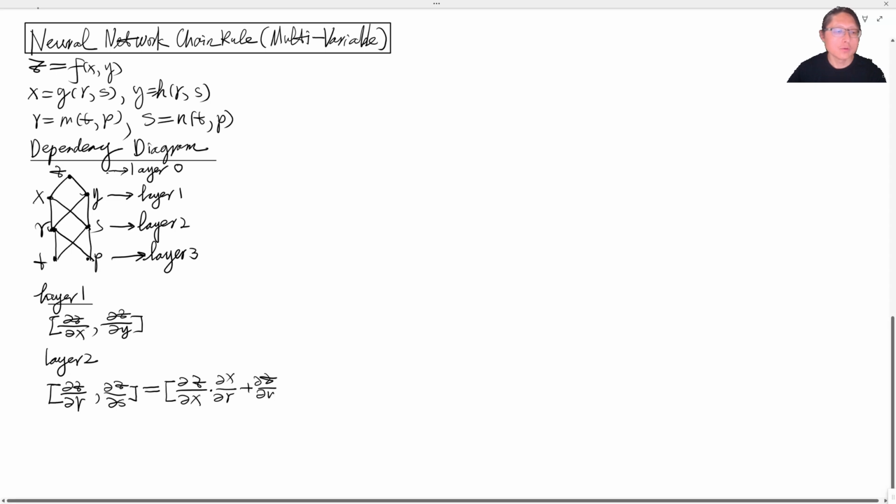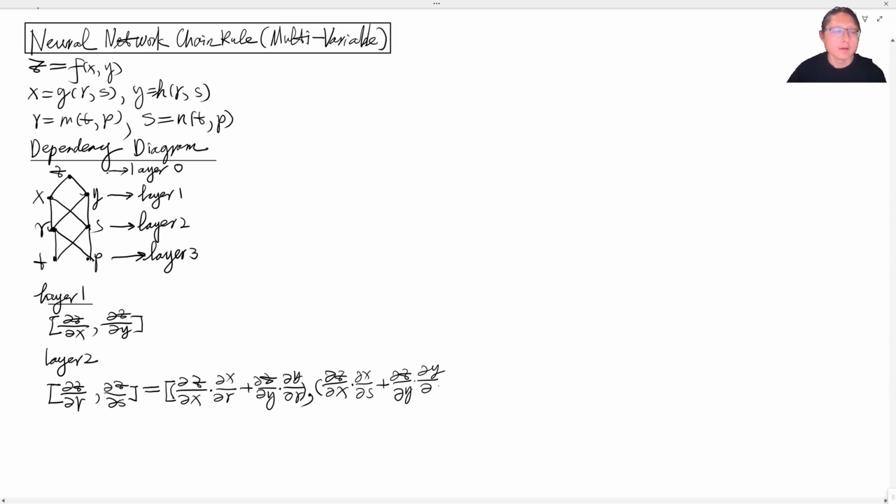So we get two terms for the partial z with respect to partial r. Similarly, to get partial z with respect to partial s, we also have two paths: z, x, s and z, y, s. If we observe it, basically it goes from top to bottom, from left to right. If you follow this convention, it will be fine.